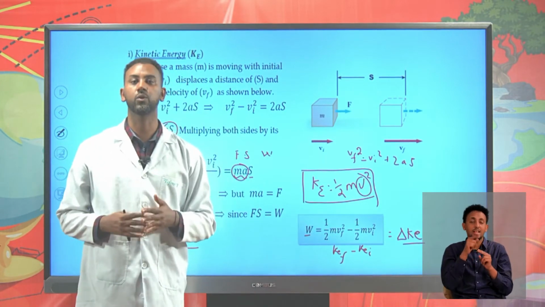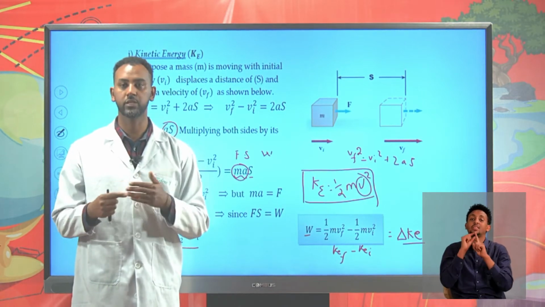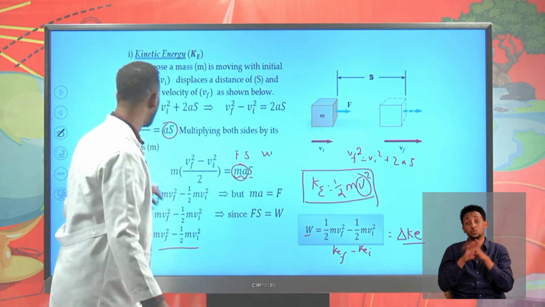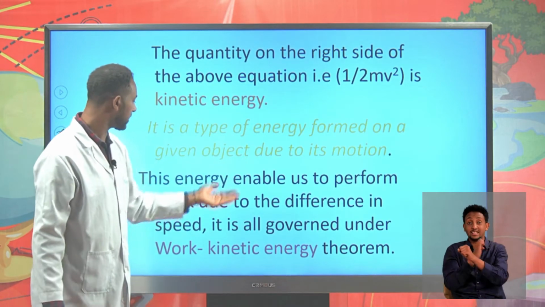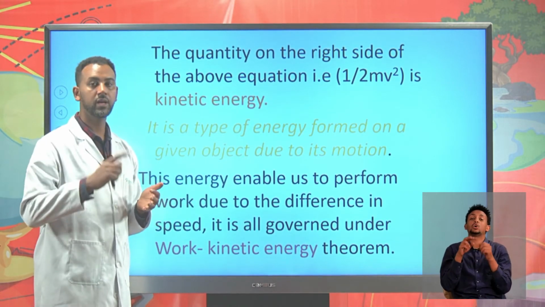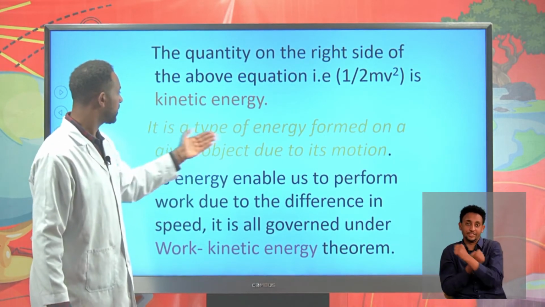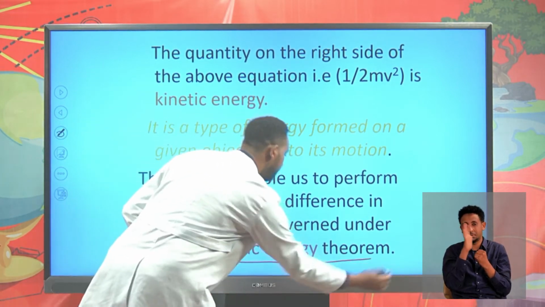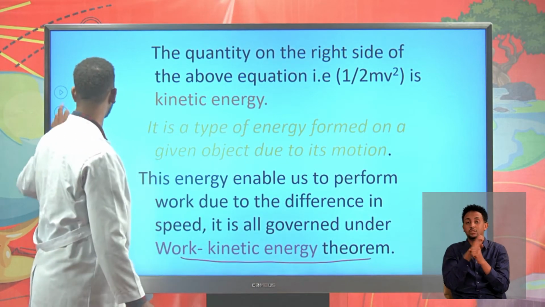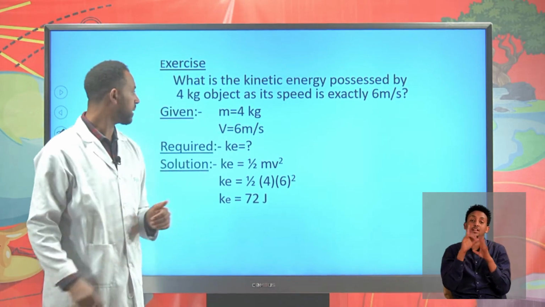This is what we call the work energy theorem, the work energy principle. The work kinetic energy theorem states that it's possible to correlate work as equal to the change of kinetic energy. This is what it says. Let's try to solve one good example.